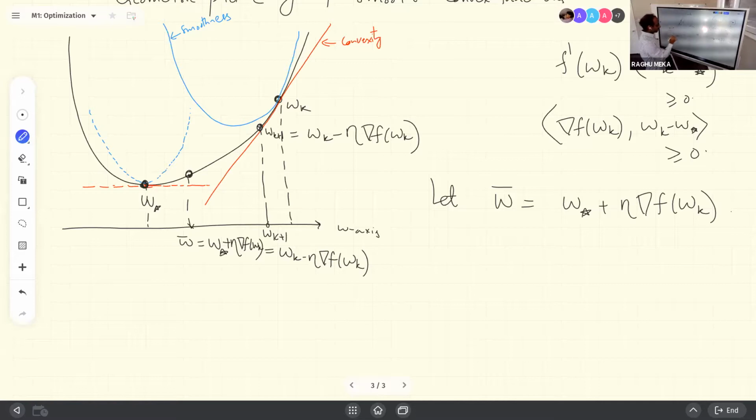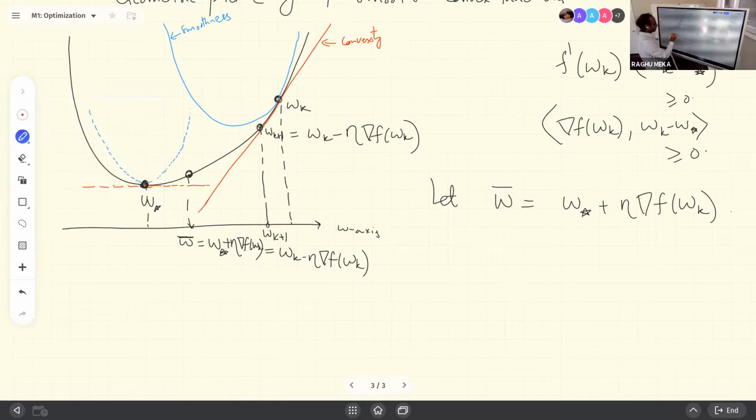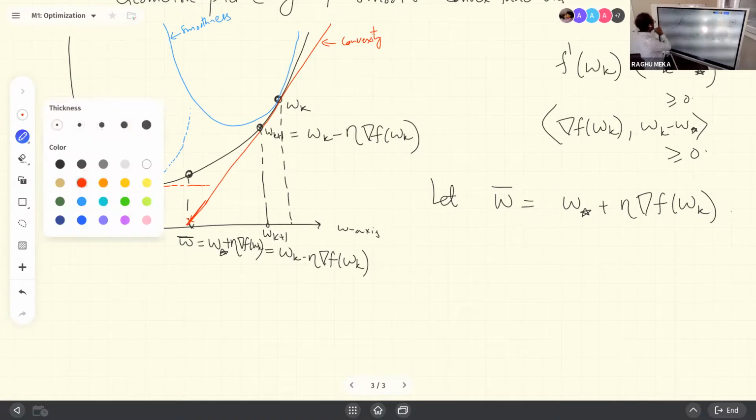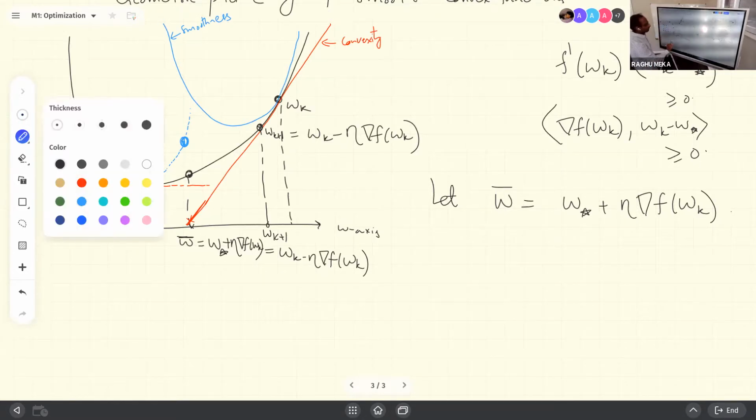So this is my w bar. And basically what we'll do is compare the value of the red solid line on w bar and the blue dotted line on w bar. We'll compare these two things, the blue and red. Okay?